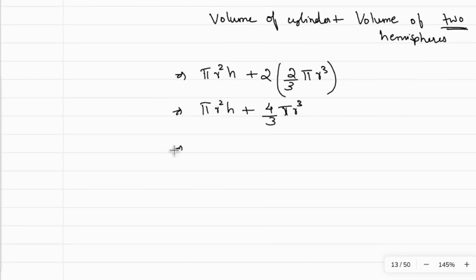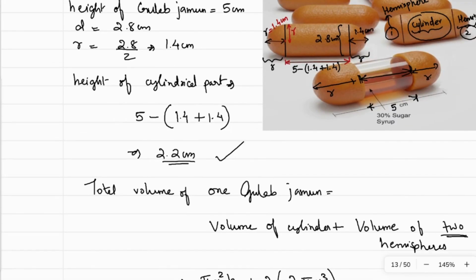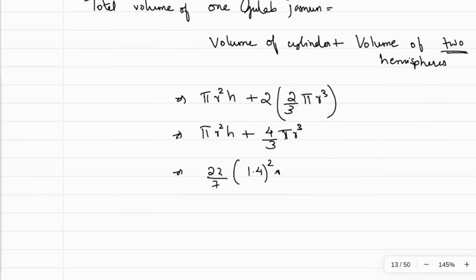Now what's pi? Pi equals 22 by 7 into r square, which is 1.4 the whole square, into h. What's the height of the cylindrical part? 2.2 centimeter. Plus 4 by 3 into pi, which is 22 by 7, into r cube, where r equals 1.4, the whole cube.